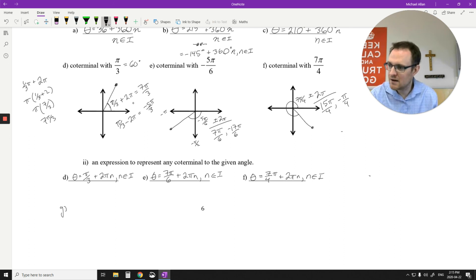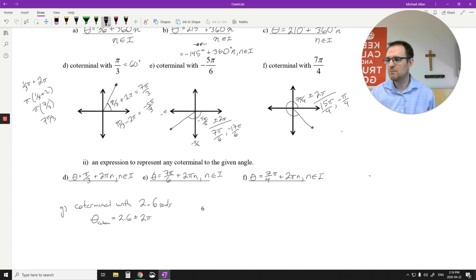If my angle was in a decimal form for radians, say I gave you like 2.6 rads, the coterminal angle for this would be this number plus or minus 2 pi. But now, because the other number doesn't have a pi in it, you would have to include that in there. So I would have 8.9, depends on how many sig digs they have here.